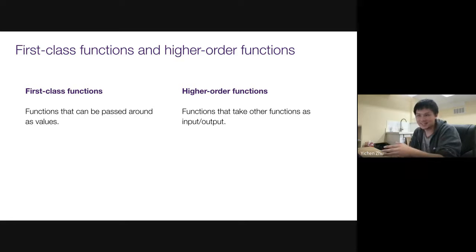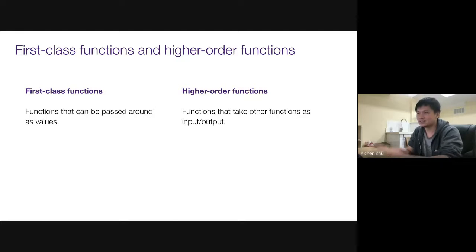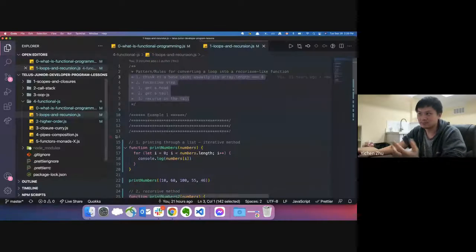Especially post ES6, because now we got the class keyword. So it's essentially just this: first class functions are just functions that can be passed around as values. That's it. And then we'll see what that means. And higher order functions are just functions that can use first class functions. So let's look at what that actually means here.